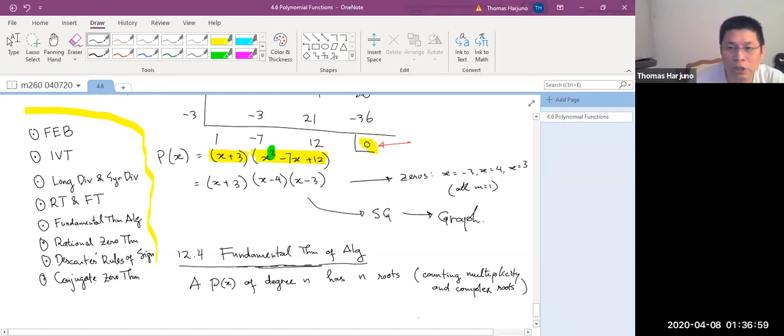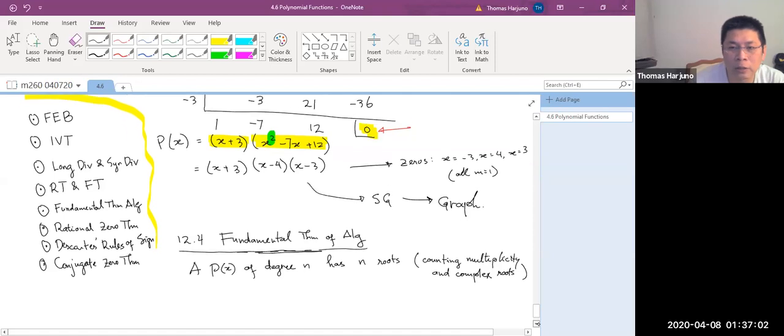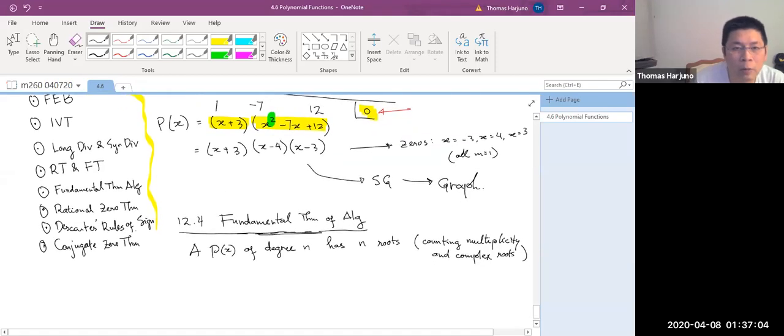Now, how do we use this theorem? It helps us answer one fundamental question: how many roots does P(x) have? The answer is n.